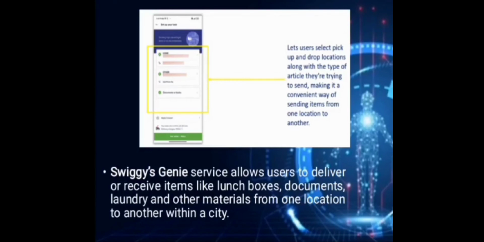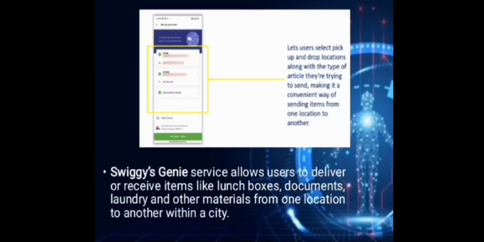Second is Swiggy's Genie service, which allows users to deliver or receive items like lunch boxes, documents, laundry, and other material from one location to another within a city. It is a good design as it is easy to understand and use, honest, unobtrusive, and serves the purpose.